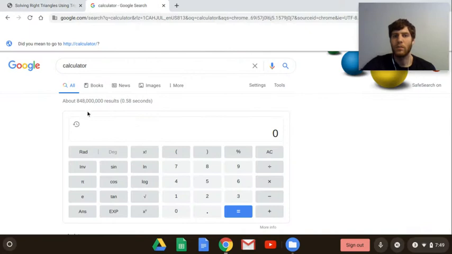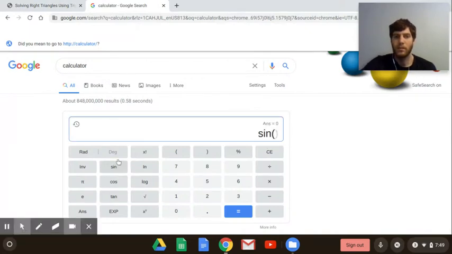We make sure whatever calculator we're using is in degrees. Right now I'm in radians, so I need to switch it over to degrees. You have to make sure whatever calculator you're using is in degrees.